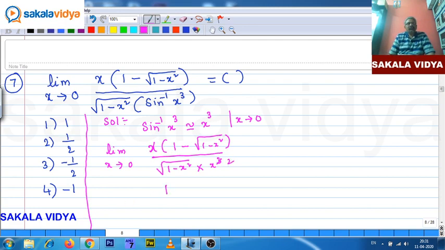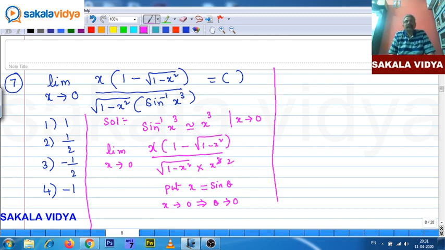So now put x is equal to sine theta. As x approaches to 0, sine theta is equal to 0, means theta also approaches to 0.